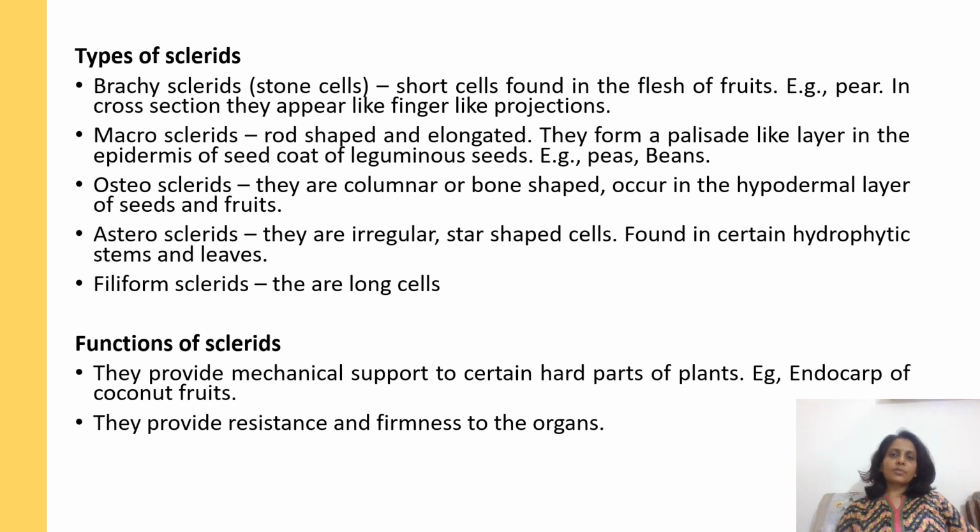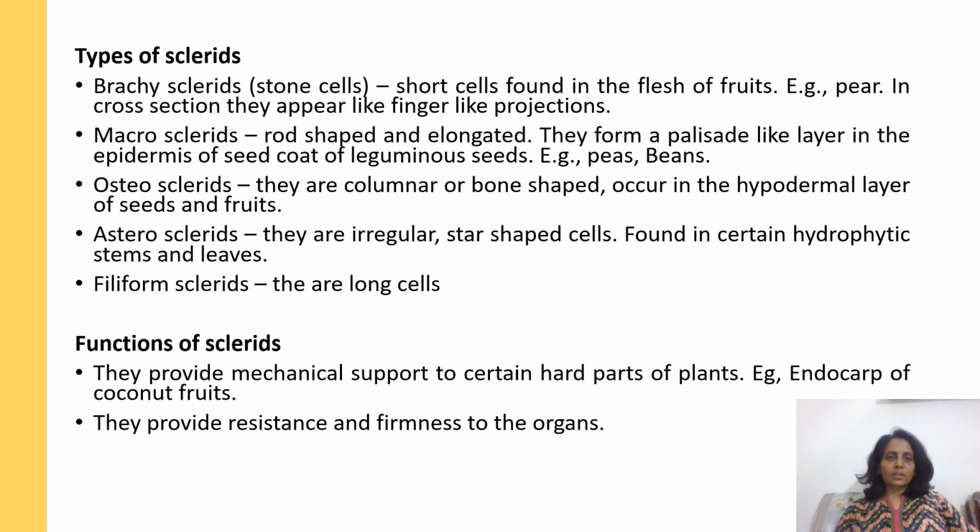There could be different types of sclereids based on their shape and the structure. Brachysclereids, otherwise called stone cells, are short cells found in the flesh of fruits, while macrosclereids are rod-shaped, elongated, and appear palisade-like, and they're often found in the epidermis of the seed coat of leguminous seeds.